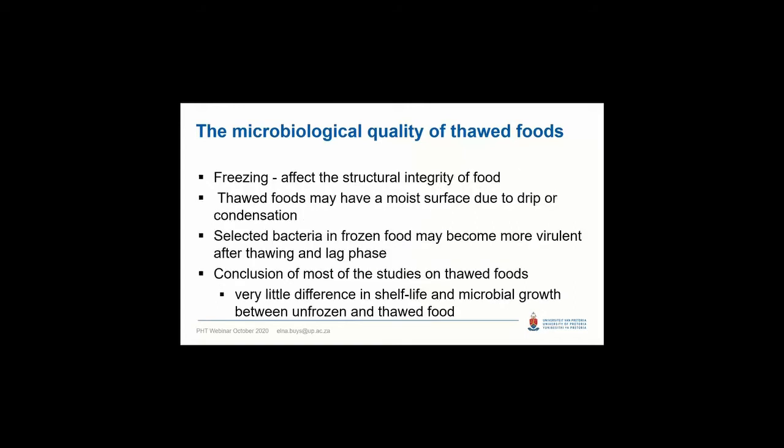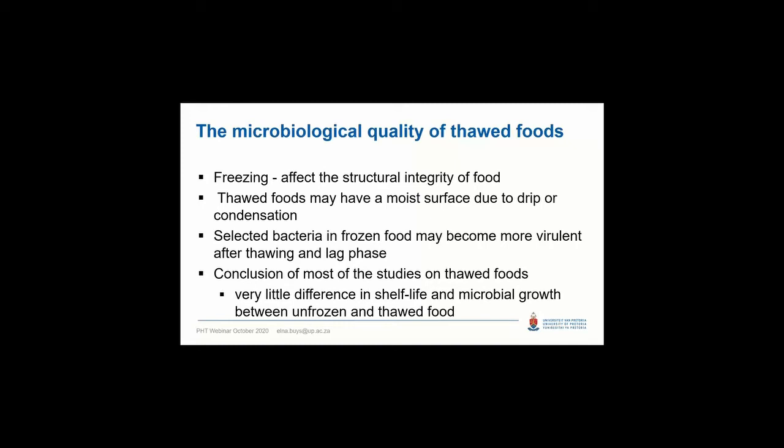Freezing may affect the structural integrity of the food, as I've stated, and make it more susceptible to microbiological attack. Thawed foods may have a moist surface due to drip or condensation and may be a very good substrate for bacteria. In addition, some of the bacteria in frozen fruit may become more virulent after thawing and the lag phase.